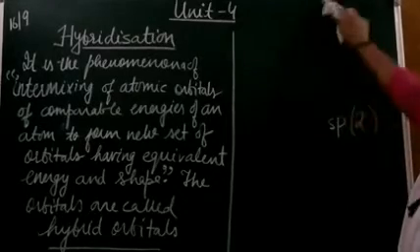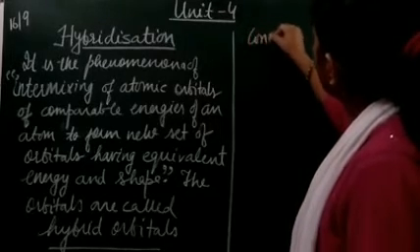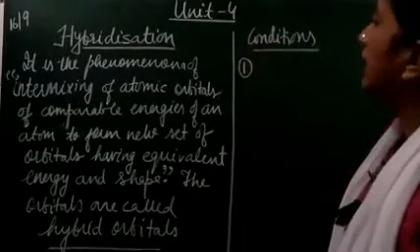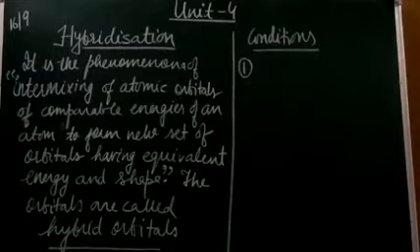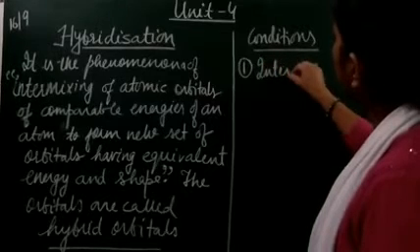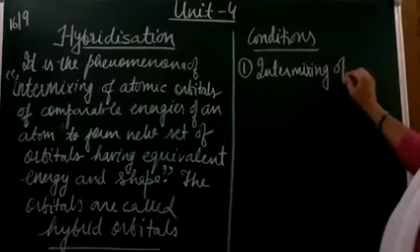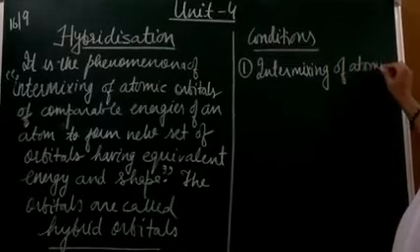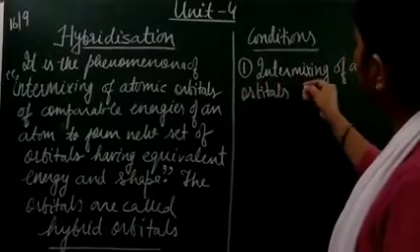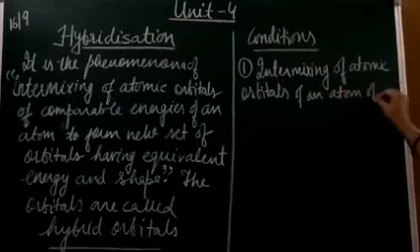Now, there are certain conditions for hybridization. The first condition is that the intermixing of atomic orbitals of an atom should be of comparable energy.